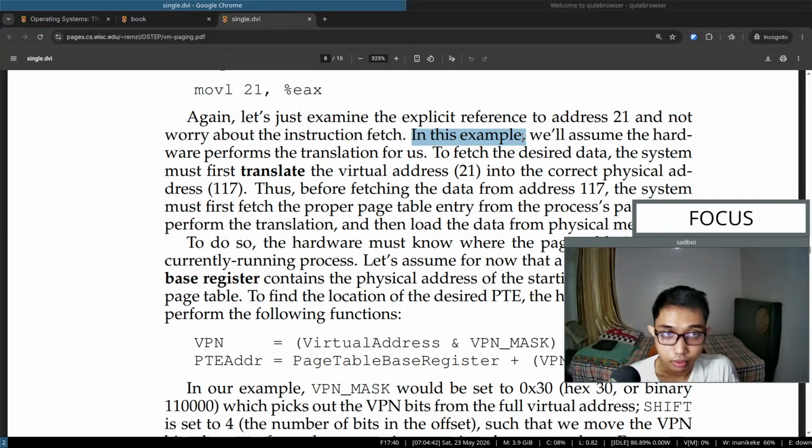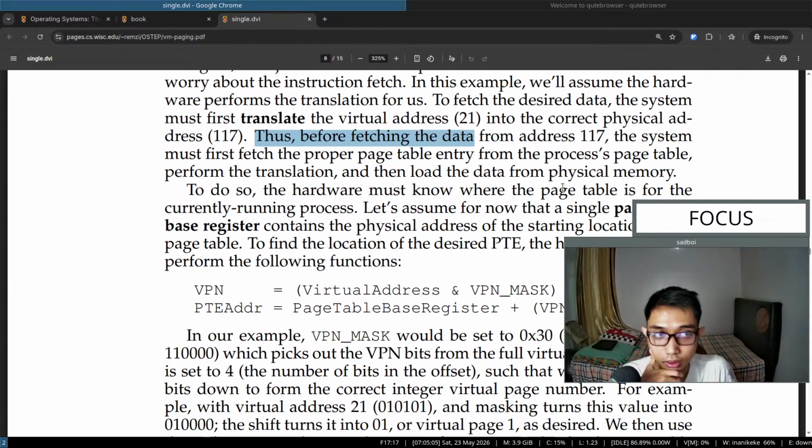In this example, we will assume the hardware performed the translation for us. To fetch the desired data, the system must first translate the virtual address into the correct physical address, 117. Thus, before fetching the data from address 117, the system must first fetch the proper page table entry from the process page table.